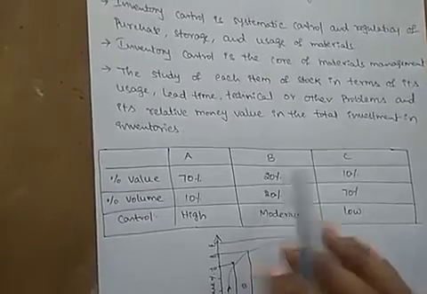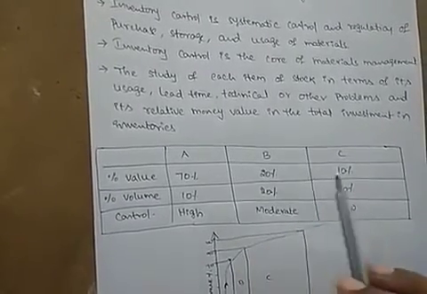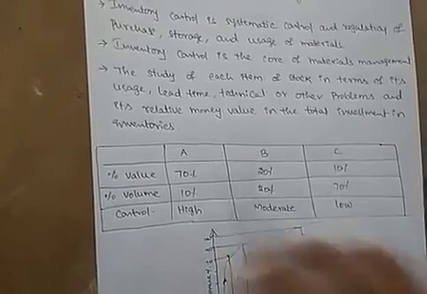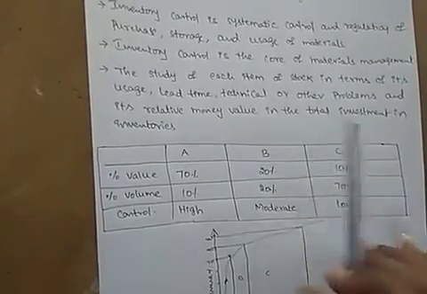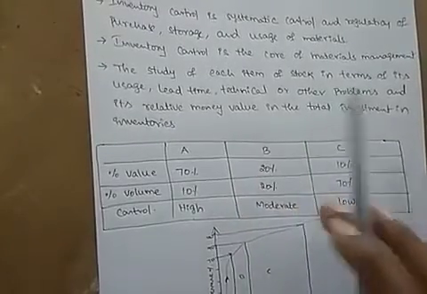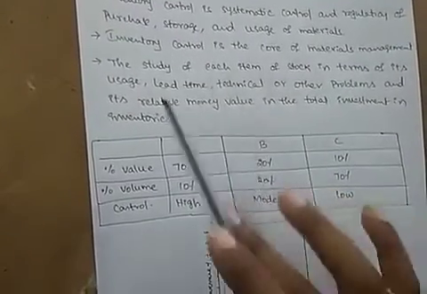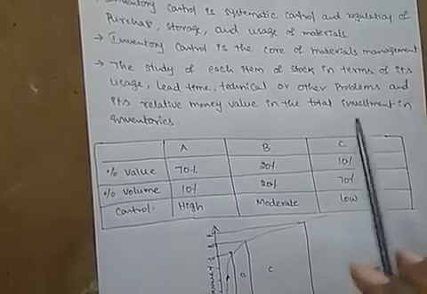In the production process, the total investment shows how they invest in different materials when we categorize them. How lead time and technical or other problems, and usage, are all considered. Issues are involved in the total investment.